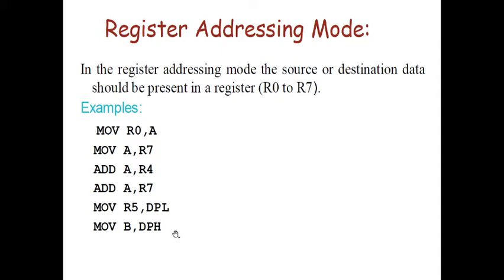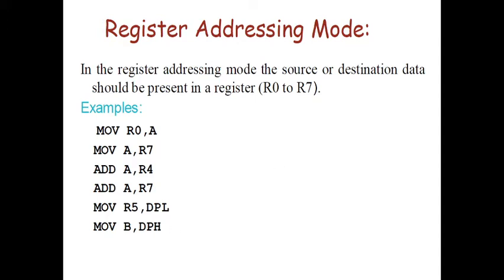In register addressing mode, the source or destination data should be present in the registers, R0 to R7, or sometimes the accumulator. So in this mode, the operands are in registers. This mode occurs between register A and the registers R0 to R7.